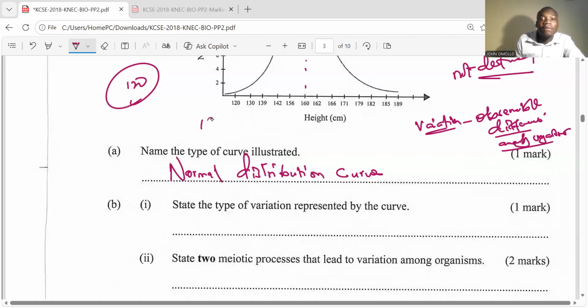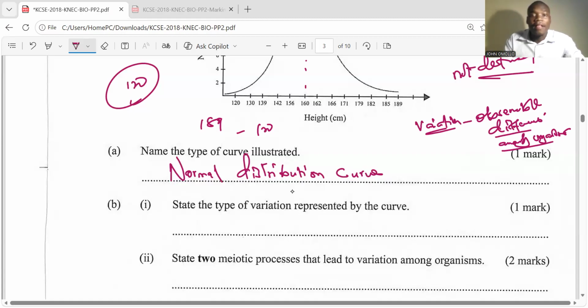There are others that have 189 in terms of height. Other students have 120. So there is a difference. We can easily see the height in terms of tallness and shortness of the students, and we can tell that this particular student is this tall, is this short. So that is what we are referring to as observable differences.